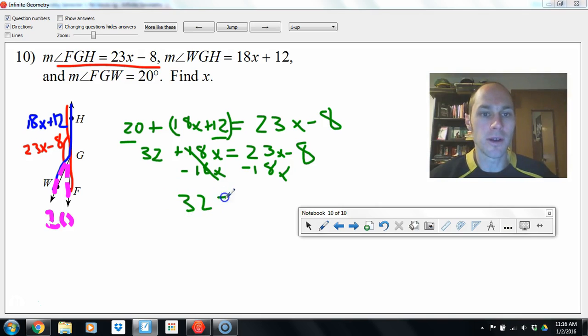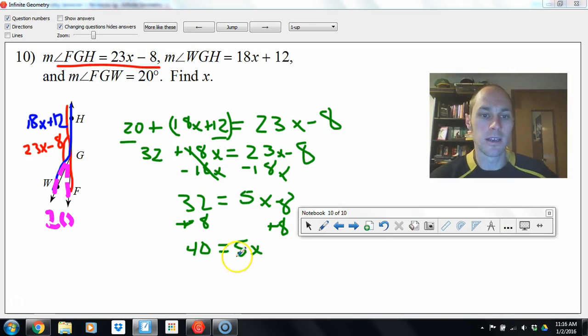I'm left with 32 on the left. And then I will add 8 to both sides and get 40 equal to 5x. Divide by 5 on both sides, and I'll get x equal to 8.